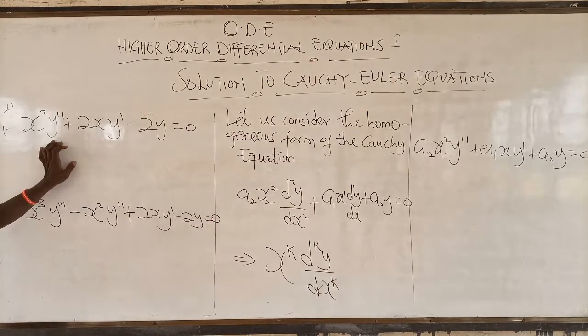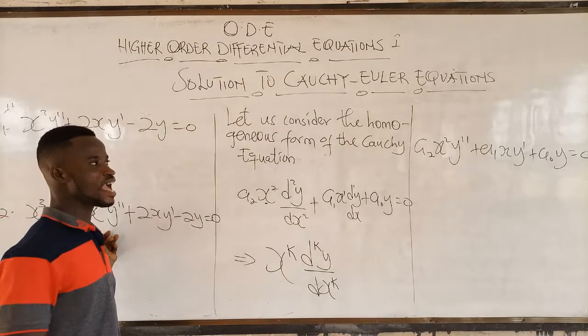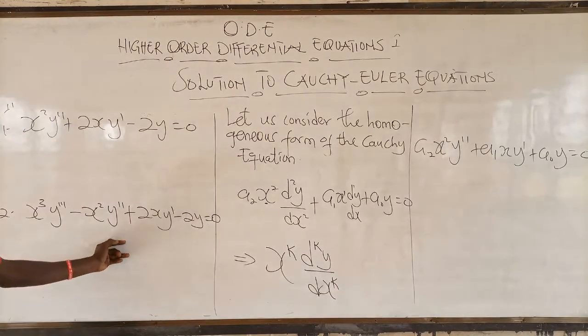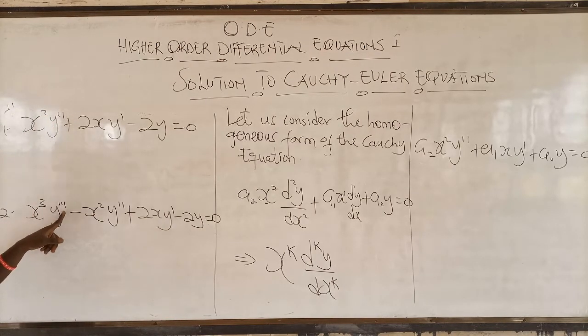This is a second order Cauchy-Euler equation. Why is it a Cauchy-Euler equation? Because the variable power here is the same as the order here.